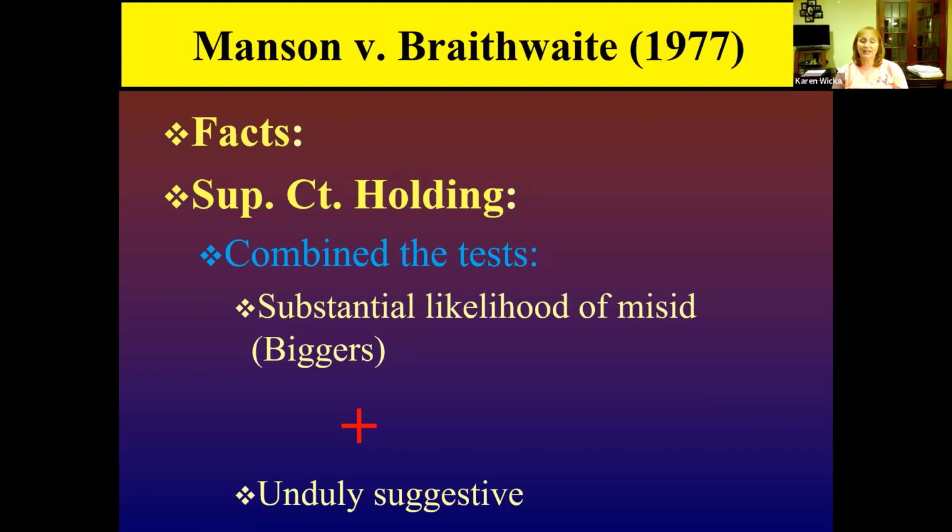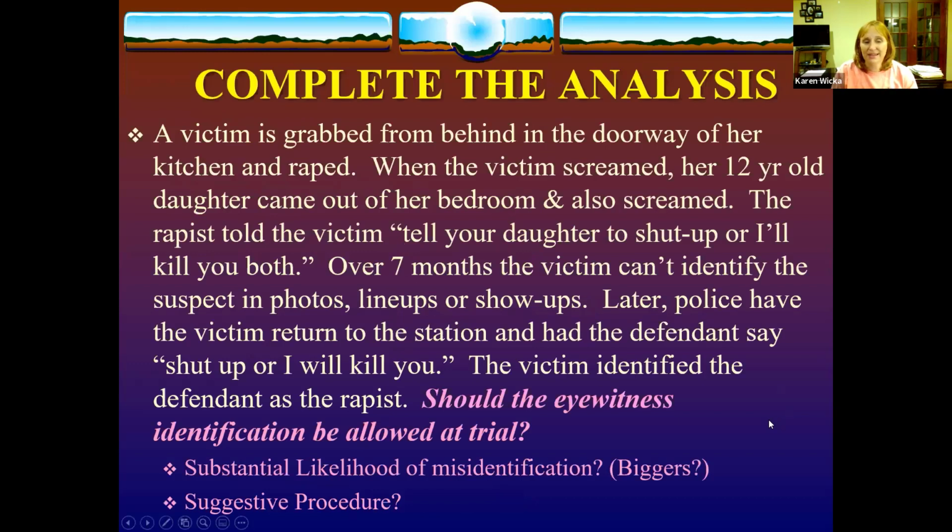They are inherently suggestive. They are very, very suggestive. So you have to be very careful if you're using that type of identification procedure. And that's why they usually only use that in extreme emergencies, because there's going to be a high probability that it is suggestive. Okay?